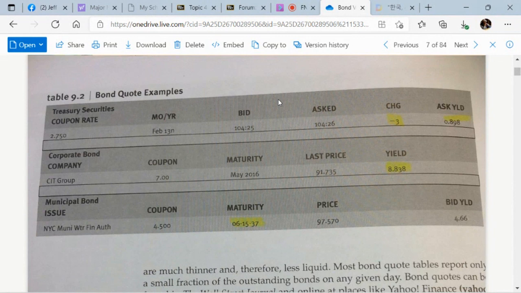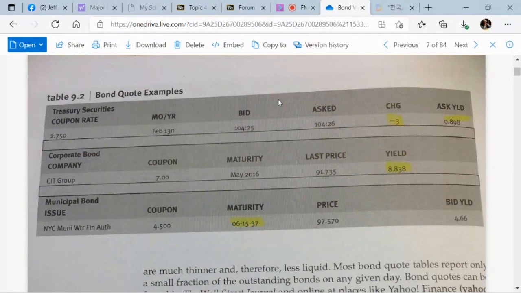If you ever bought something on eBay or sold something on eBay, you would know there's bid and ask. Bid is the price that the buyer wants to pay, and so they say bidding the price. And the ask is the price that the seller wants to receive.